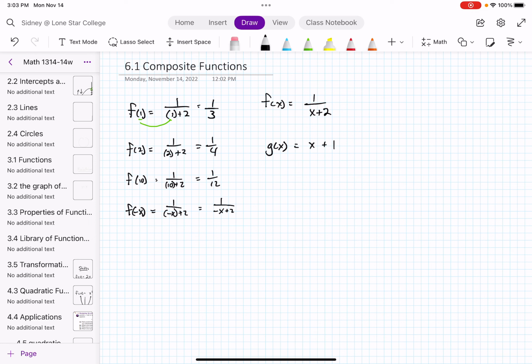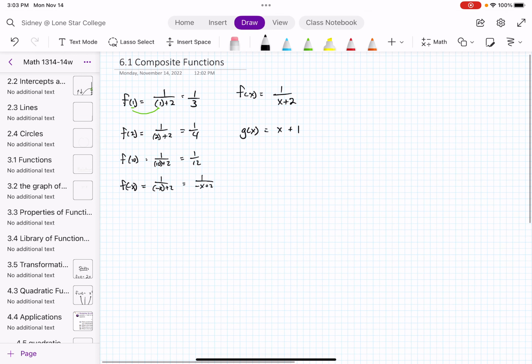I could plug in negative x, I could plug in x squared, I could plug in other variables altogether. So like f of y. Oops, not negative x, I already did that. Y. And when you look at all that, these have in common that we're plugging in whatever's in there.